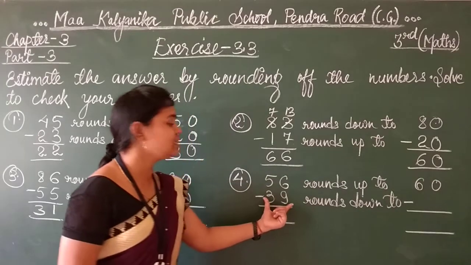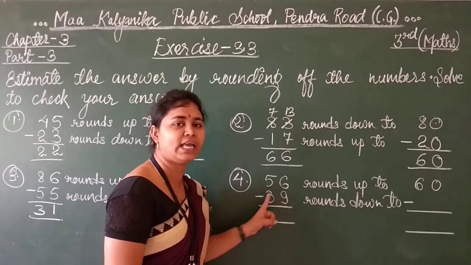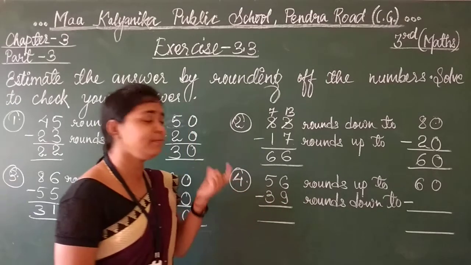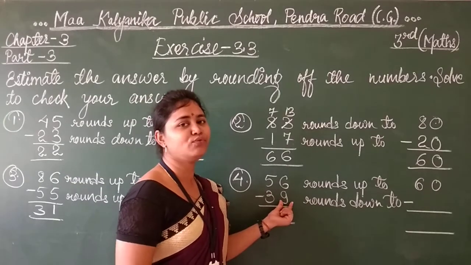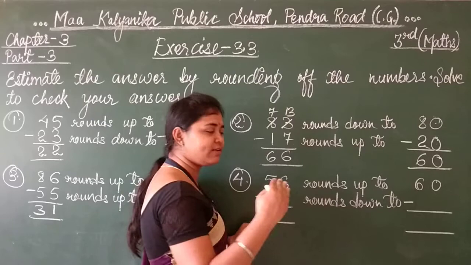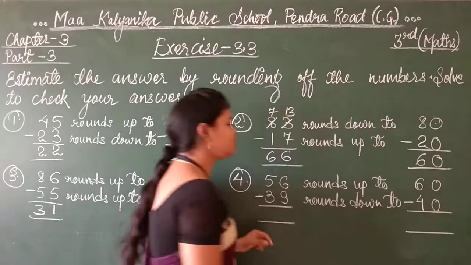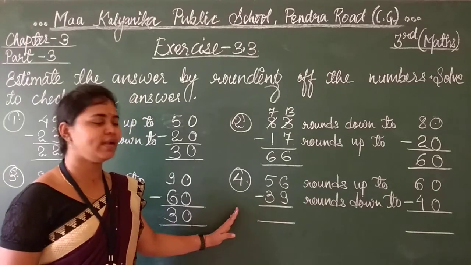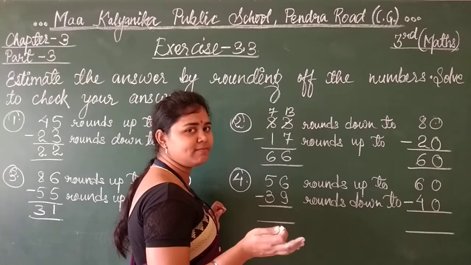Moving to next, 39. 39 is there, 3 and 9, so 30 and 40. So in between 30 and 40 the range is there, and 9 is close to 40. So of course it means the next number. That's why we can say more than 5. So it will round up to 40. So now let us find the difference of that. 6 minus 9 can be done?